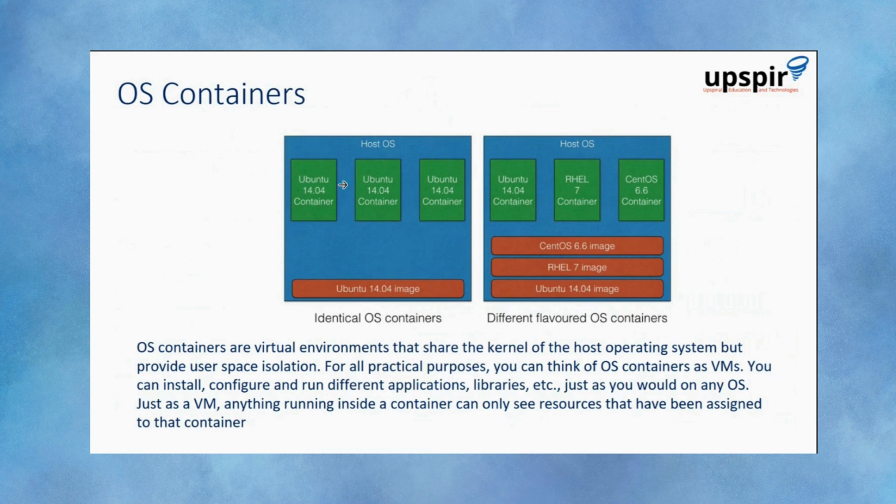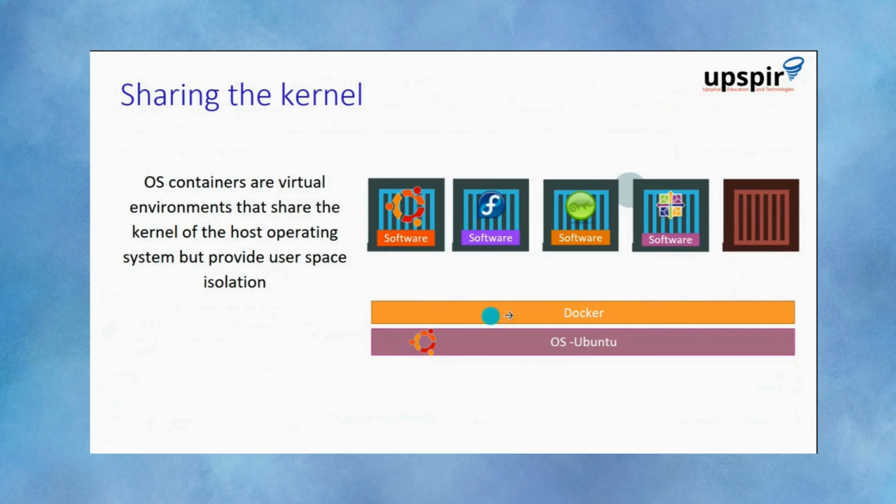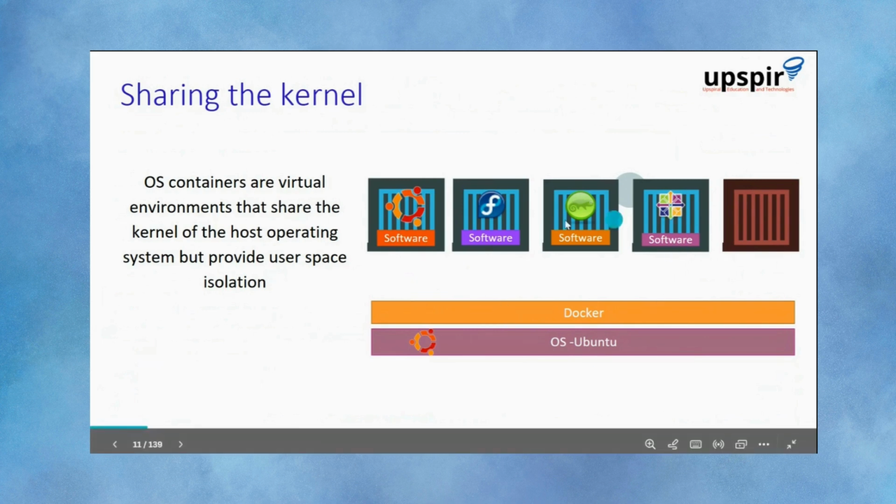So this is also possible. Today it's a very normal thing to have an OS container, and it can be of different flavors also. Similar to how you do a Docker image pull of Nginx, you can also pull a Docker image for Ubuntu or something else. Not a big deal at all. So basically, these OS containers share the kernel of the base operating system, but they provide separate user space isolation.